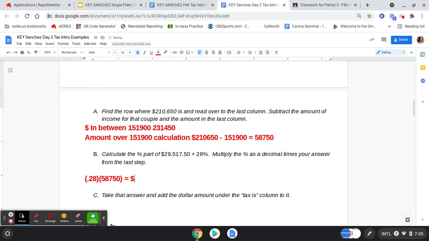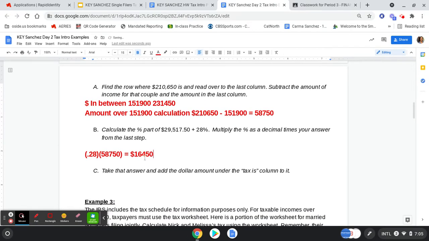Okay, how'd you do? Did you get 16,450? Now take that answer and add that dollar amount under the tax is column to it. So we take this 29,517.50 and add it to this.